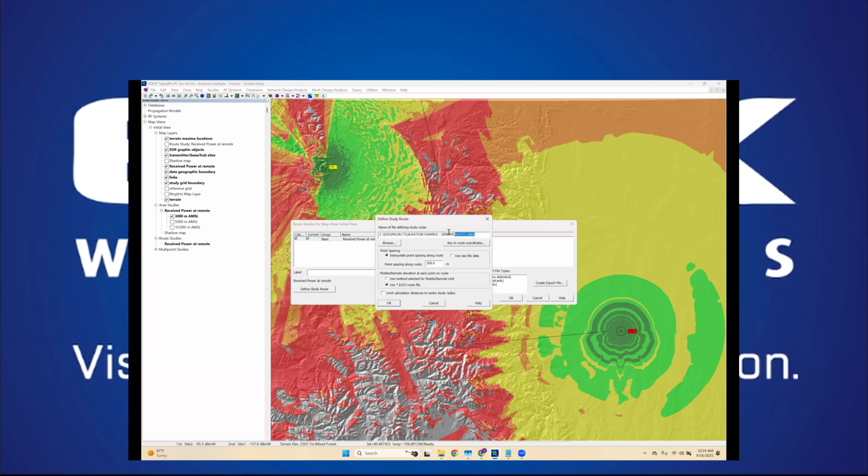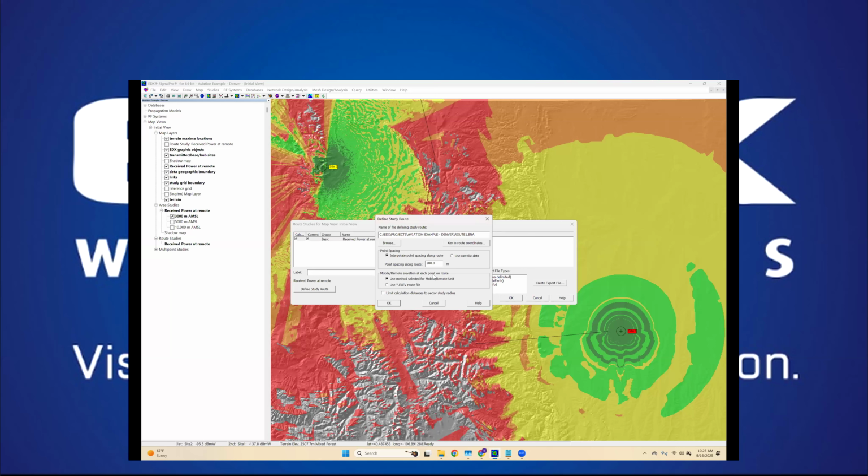And normally, if I was doing railroad design or looking at communications along a highway or something like that, then for the mobile remote unit elevation at each point on the route, I would just choose whatever method I have currently selected for my mobile remote unit. And then if my mobile is at 3,000 meters, then that whole route, it will show to me as though the mobile was at 3,000 meters AMSL. Or if I've got that device tied to the ground, it'll tie it to ground level.